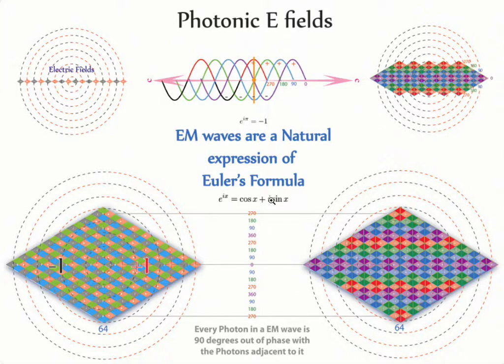This is why these phase arrangements of electric and magnetic fields, or particularly the electric fields, is why solar panels are so inefficient at present.